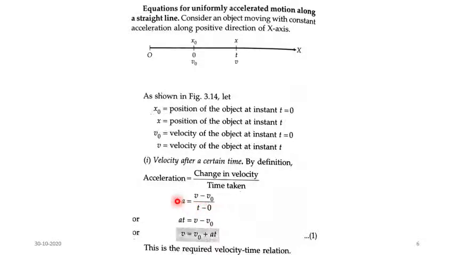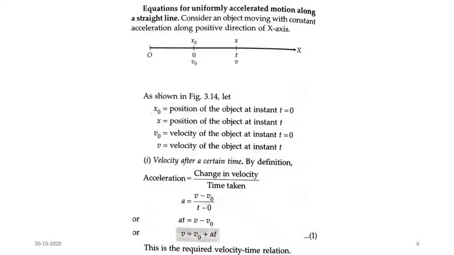So a t equals v minus v0. Now to find the final velocity, I can move the initial velocity to the other side. So v equals v0 plus a t. This is the required velocity-time relation. Fine. So if in a question they have given you the initial velocity of the particle, the acceleration, and the time, then you can find the final velocity and vice versa.